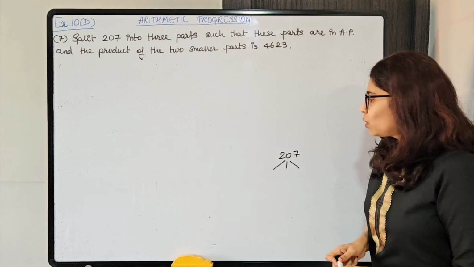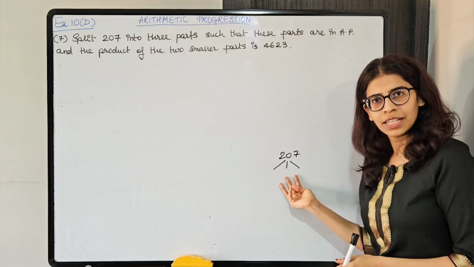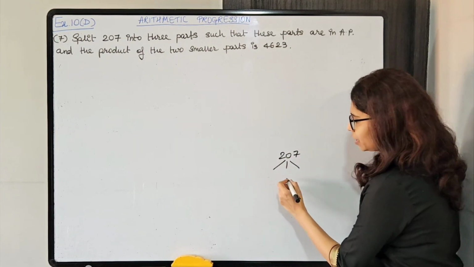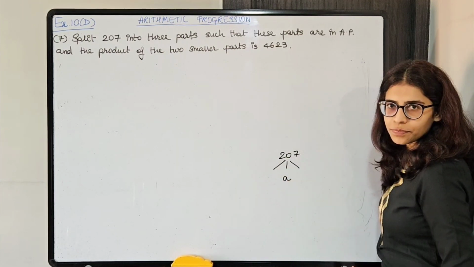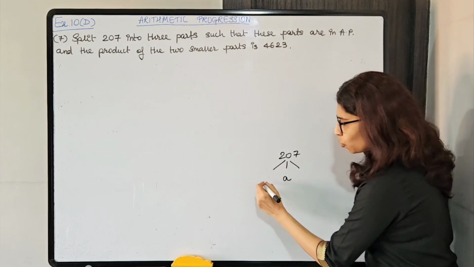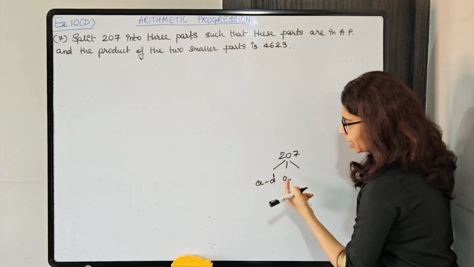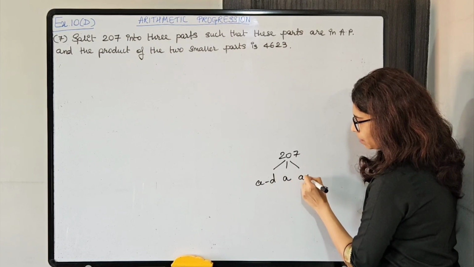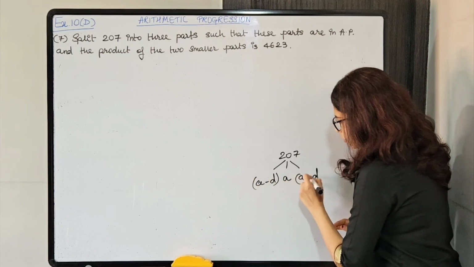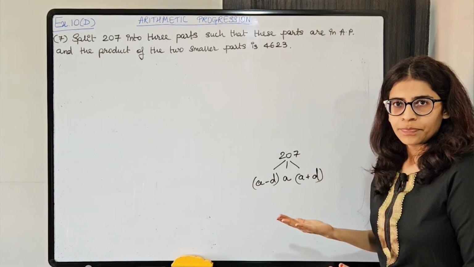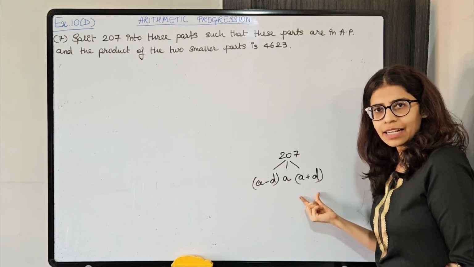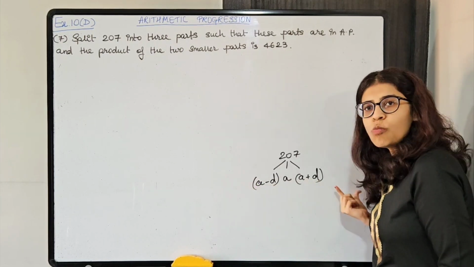Okay, so 3 terms है in AP, right? Odd number of terms. For odd number of terms, middle term will be A. The term before it, you will subtract D. So A minus D, and after A, it will be A plus D. If you were told 5 terms है, then middle term will be A, subtract D, add D, and there'll be 2 more terms.